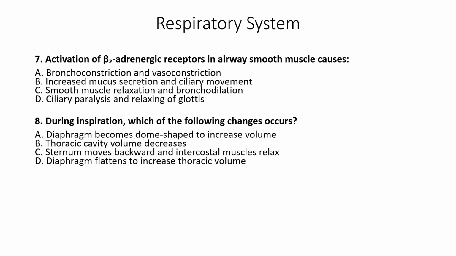So when you're increasing your thoracic volume by flattening the diaphragm, you have a decrease in pressure in the thoracic cavity, and that allows the air to enter the lungs based on a pressure gradient, right? As I mentioned, air always moves via these pressure gradients. So this particular pressure gradient sucks the air into the lungs. So the correct answer here is that the diaphragm flattens to increase the thoracic volume.